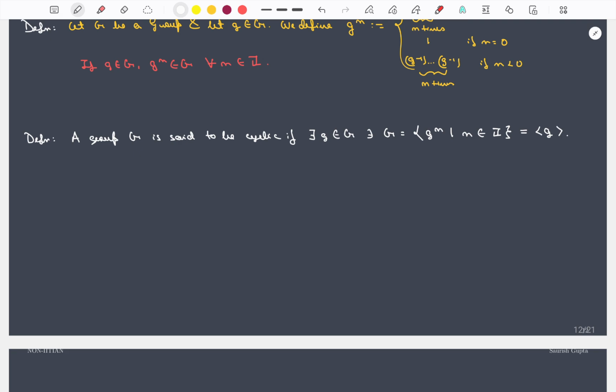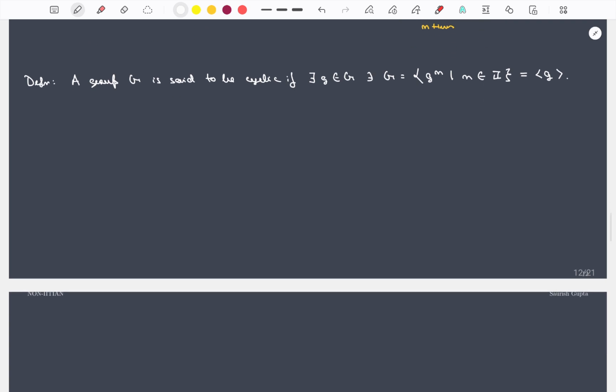In fact, there is a more general notion of groups being generated by a collection of elements, but again, that is something which we do not require at this point. In fact, I can define it.